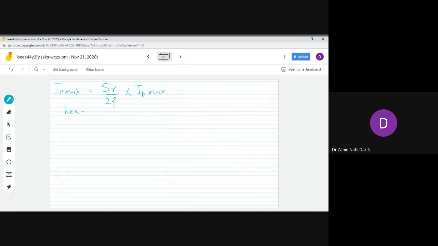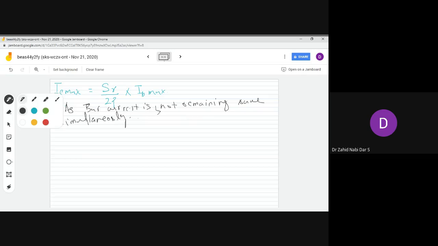Hence, as I can write down, the bar current is not remaining the same simultaneously, and it has sinusoidal characteristics.